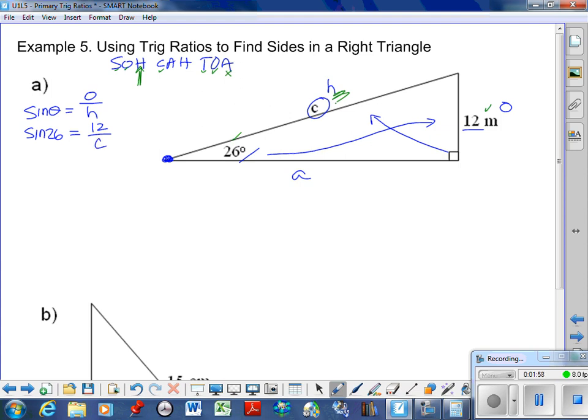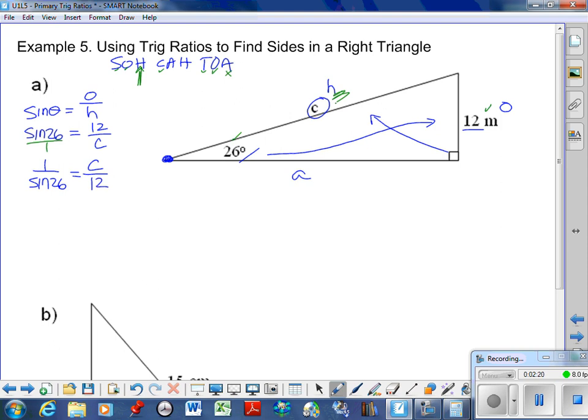We did this with similar triangles. Sine 26, is it a fraction? Absolutely. We can make it into a fraction because I'm just going to divide it by 1. The variable's in the denominator, so we have to flip both fractions. So it becomes 1 over sine 26 equals c over 12.